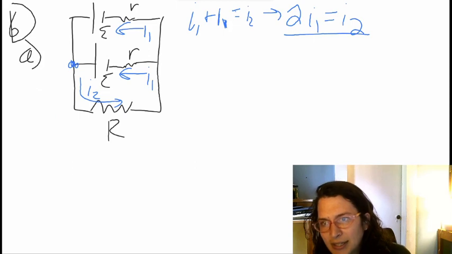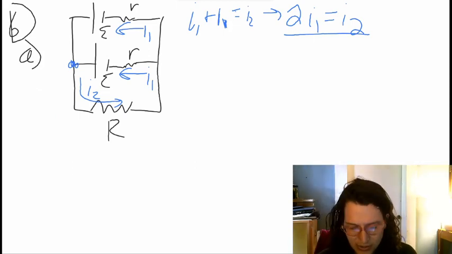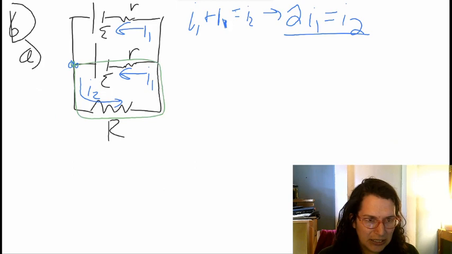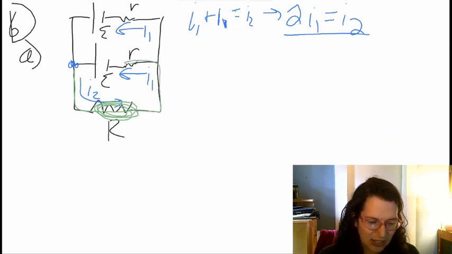And then we want to generate a loop rule. Now we have basically two different loops that are both going to be identical. So I'm going to start from this junction, and I'm just going to do this loop down here. We're going to subtract the voltage over this resistor because we're going with the direction of I2. And then we're going to subtract the voltage over this resistor, and then we're going to add in the voltage of the battery.